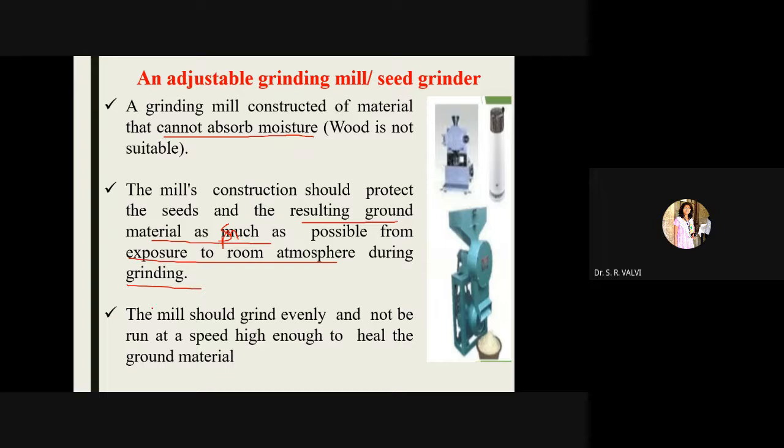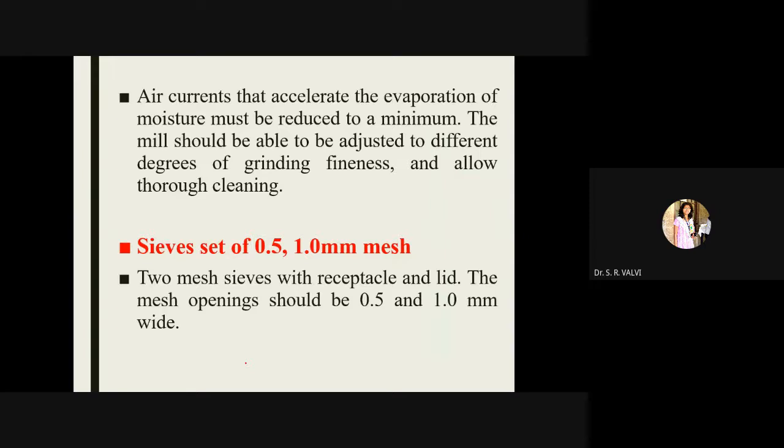Then the meal should grind evenly and not be run at a speed high enough to heat the ground material. The air current that accelerates the evaporation of the moisture must be reduced to a minimum.